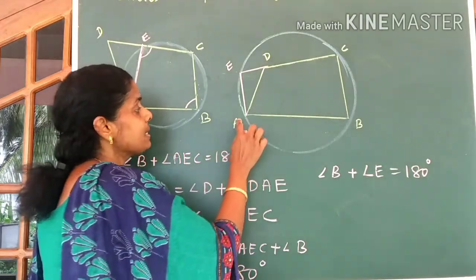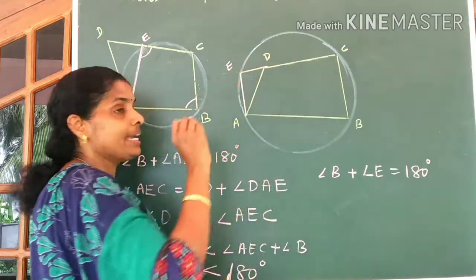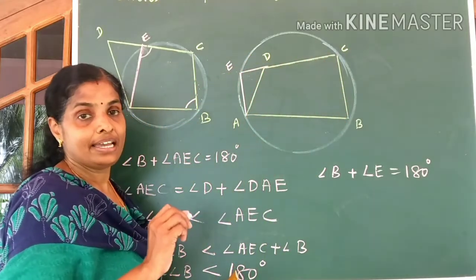It is because A, B, C, E is a cyclic quadrilateral, isn't it?